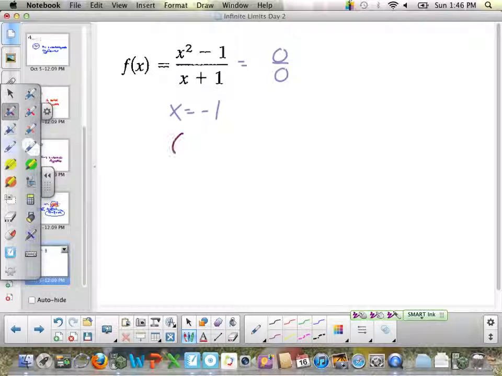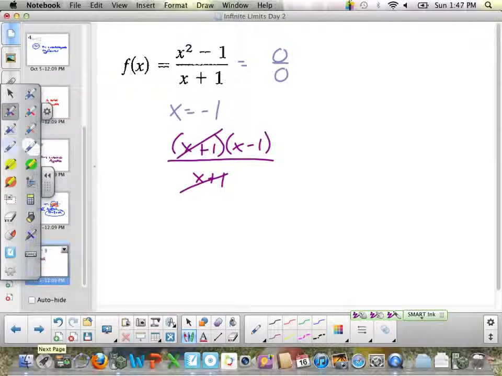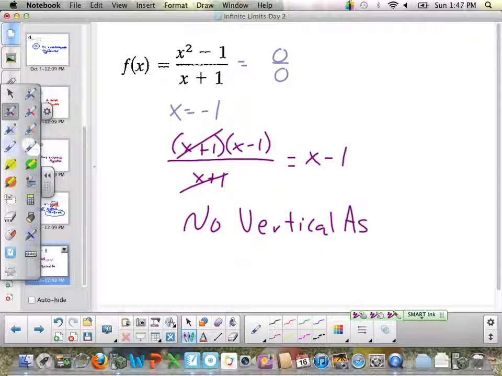So as I factor that, I get (x plus 1)(x minus 1) over (x plus 1). Cancel. Now, is there anything that makes the bottom 0? Well, there's no bottom. So there's nothing that makes the bottom 0. So there are no vertical asymptotes. This would be an example of a hole in the function, or a removable discontinuity.